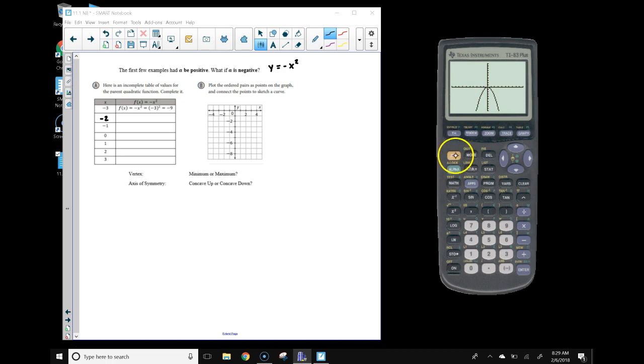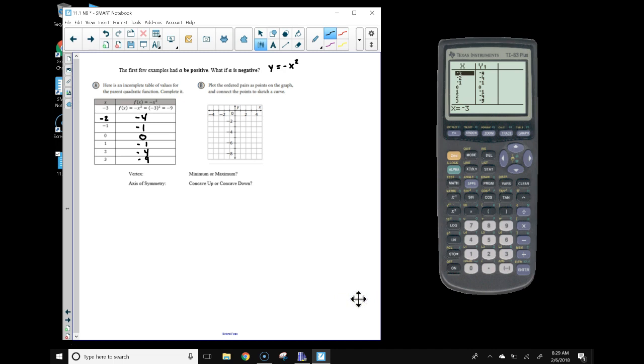So I'm going to get my table, second table, and now all of my y values are negative. So instead of 9, 4, 1, 0, 1, 4, 9, I now have negative 9, negative 4, negative 1, and then still negative going back. Okay, so that's what a negative does. It makes it go down into the negatives, right?